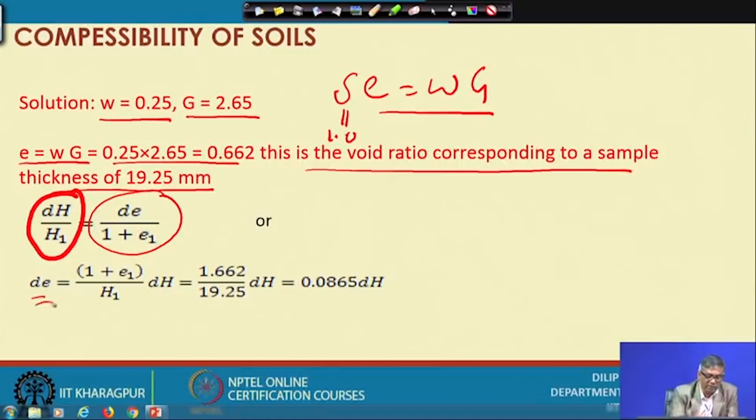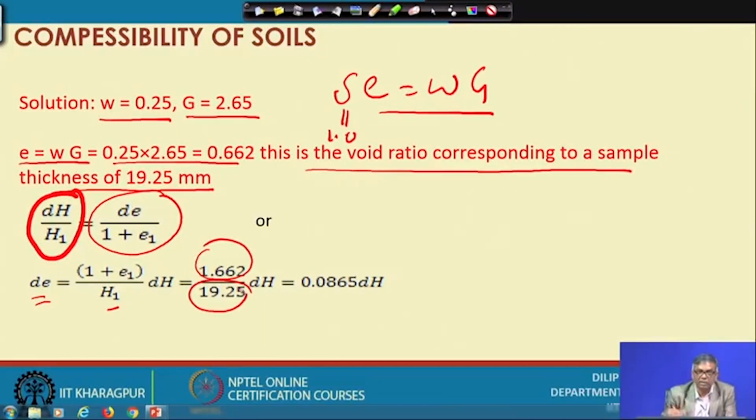So, dE becomes (1 plus E1) by H1 into dH, and if I put original void ratio, 1 plus E1 becomes 1.662 and H1 is 19.35.